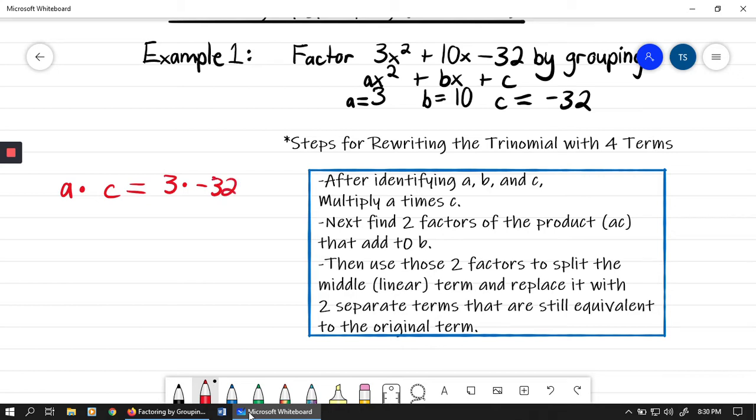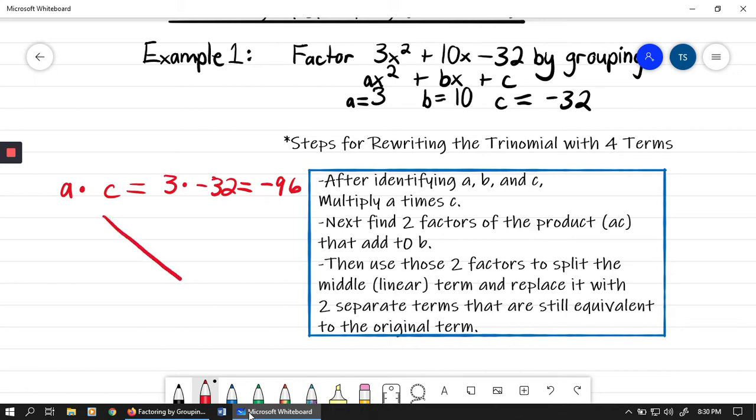Since we know that, the next step is to find 2 factors of that product. In other words, find 2 factors of negative 96 that are going to add to give you b. So 2 factors of negative 96 that will add to give you 10.